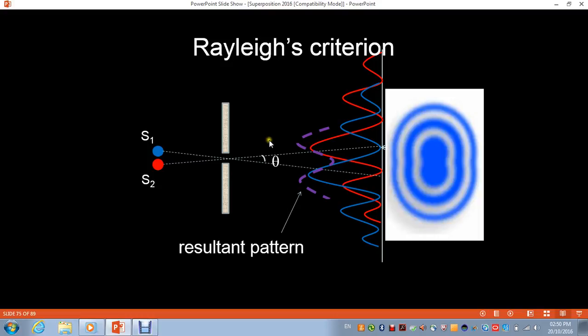But I'd like you to be familiar with this angle theta. It is no longer the same as when we were using one source just now. For two sources, the angle theta will be defined by the two beams of light coming out from the two sources. So this is the angle theta, the angle between the first beam and the second beam.